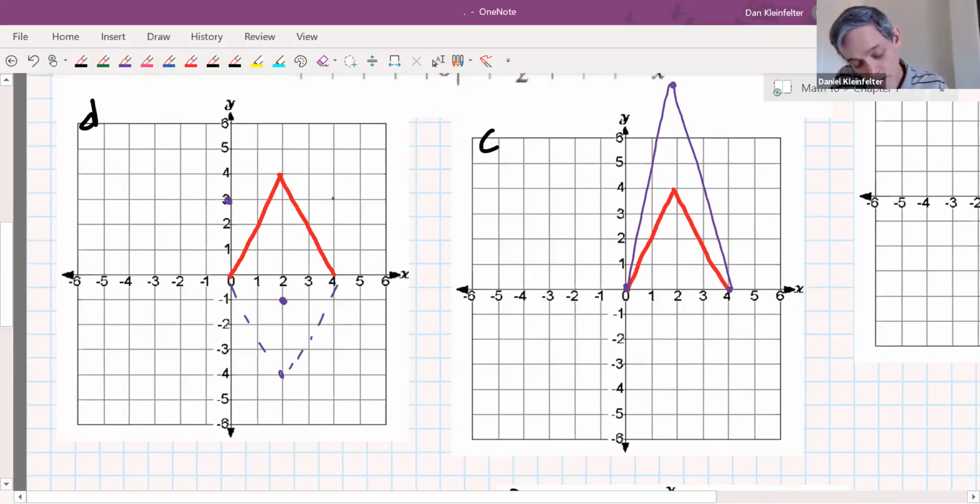So I'm taking those intercepts at 0, 0, and 4, 0. I push them up by 3 units, and then the point that got reflected to 2, -4 will be pushed up to 2, -1. Okay, so that will be our finished graph.